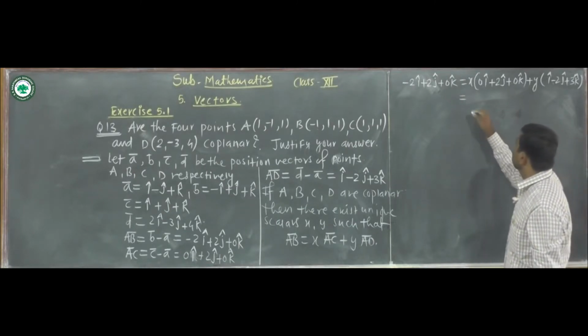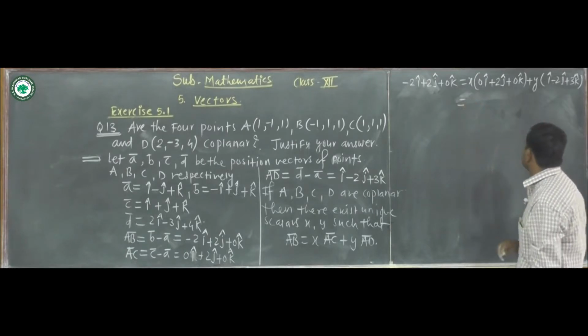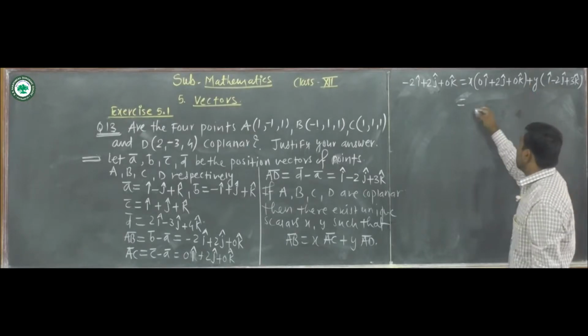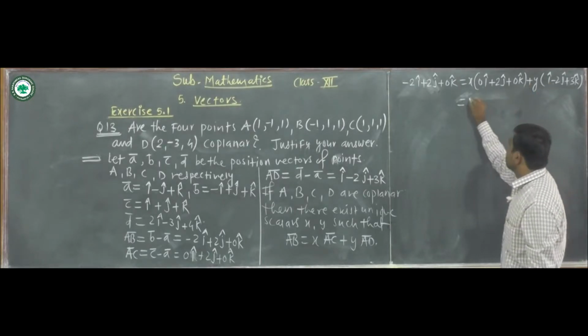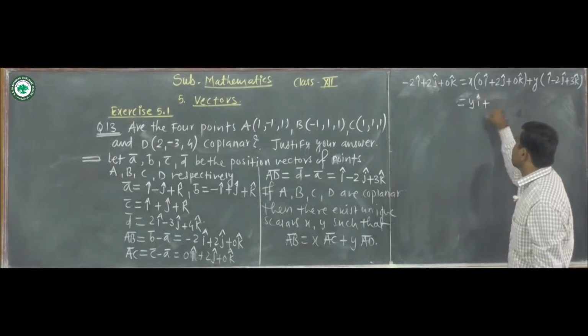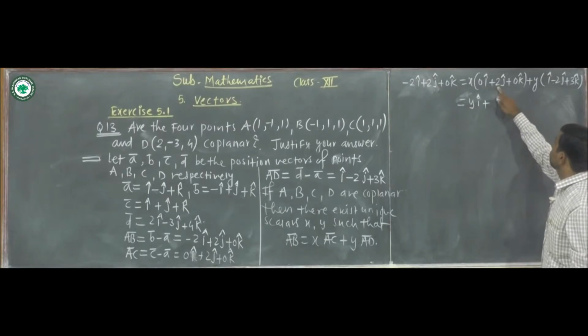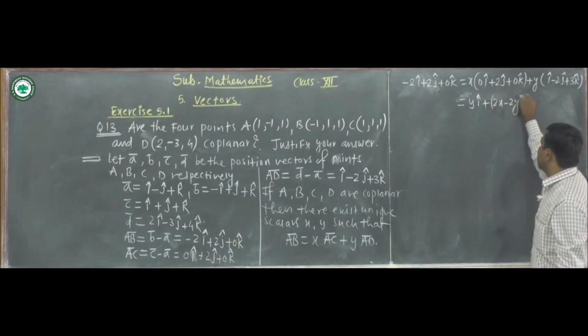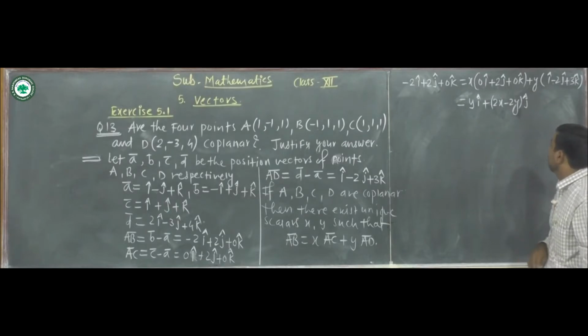So after collecting components of I, j, k together, we get x into 0, 0 plus y into I cap, 0 plus y, that is y into I cap, plus x into 2, 2x plus minus 2 into y, minus 2y, so it is 2x minus 2y into j cap, plus 0 into k cap plus y into 3, 3y, 3y plus 0, that is 3y into k cap.